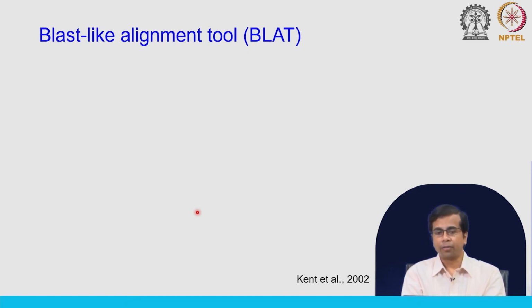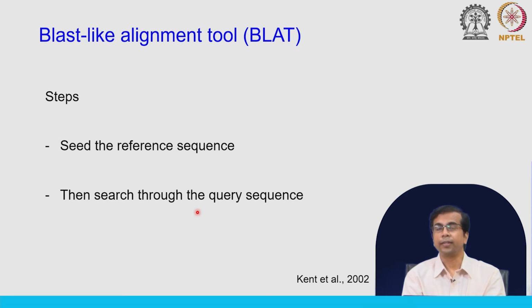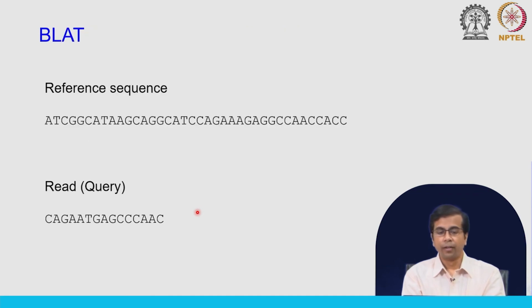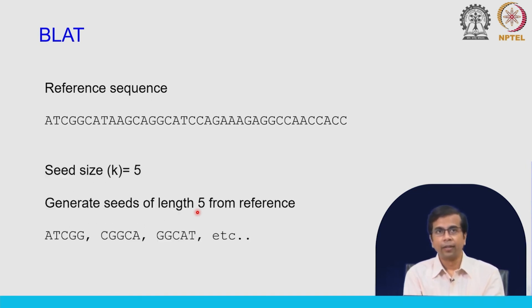So, how does it work? These are the steps. It seeds the reference sequence and then searches through the query sequence. Going back to the example, we have the reference sequence and the read or query sequence, and we take the same seed size and generate seeds of length 5 from the reference.